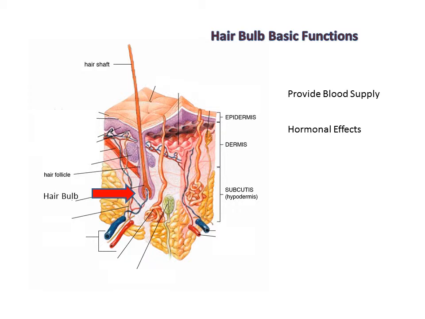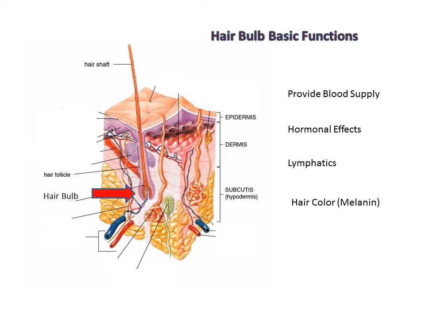So these hormonal effects can either slow down or increase hair growth. And then we have lymphatics that has to do with infection, and that is also within the hair bulb, as well as other layers of our skin, but I'm just focusing on the foundation of our hair.